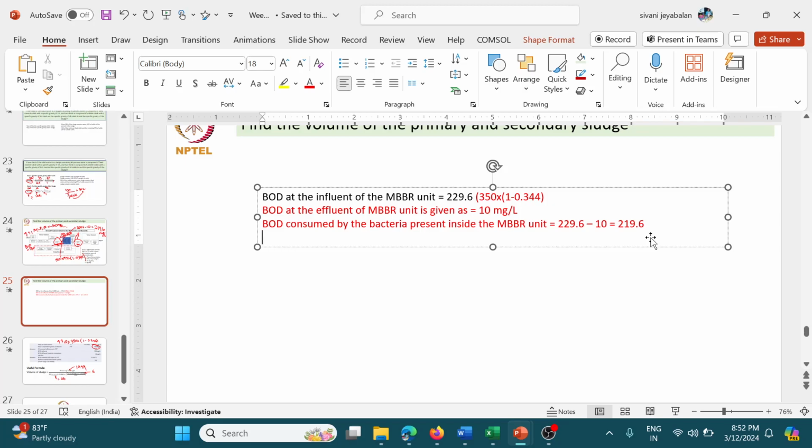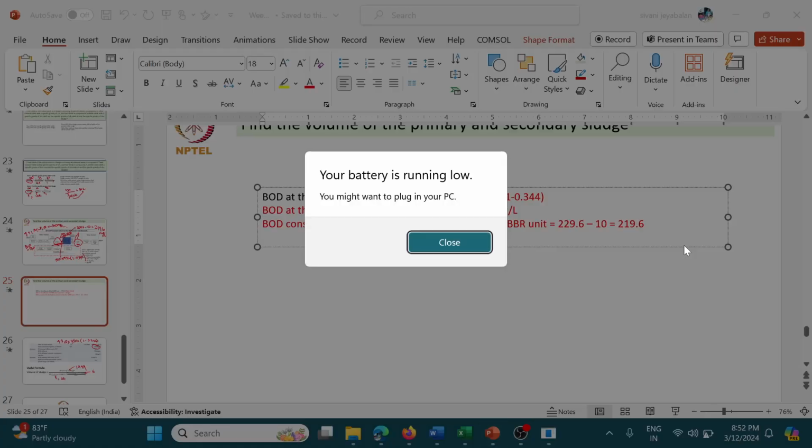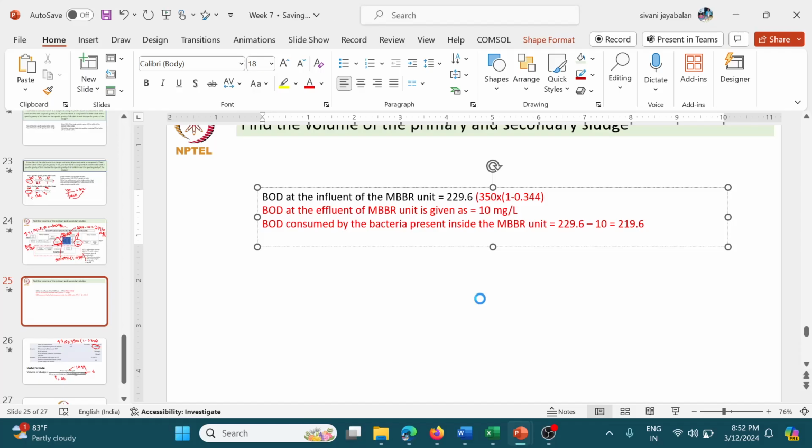So if 219.6 mg per liter of BOD is consumed, that is, BOD is eaten by the bacteria, 0.4 times of that will be produced.